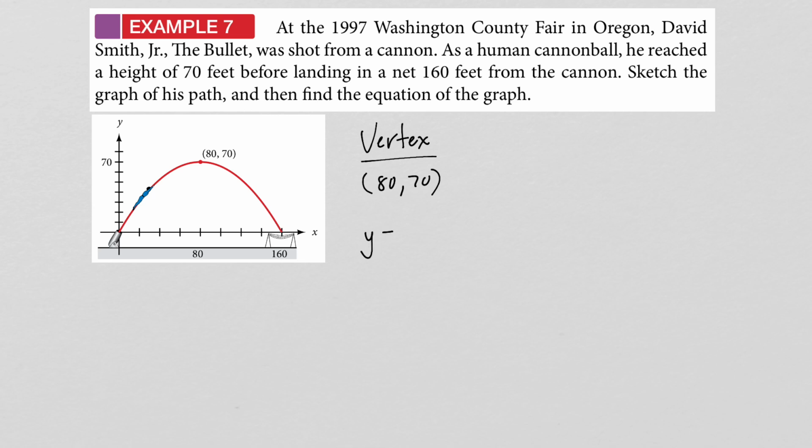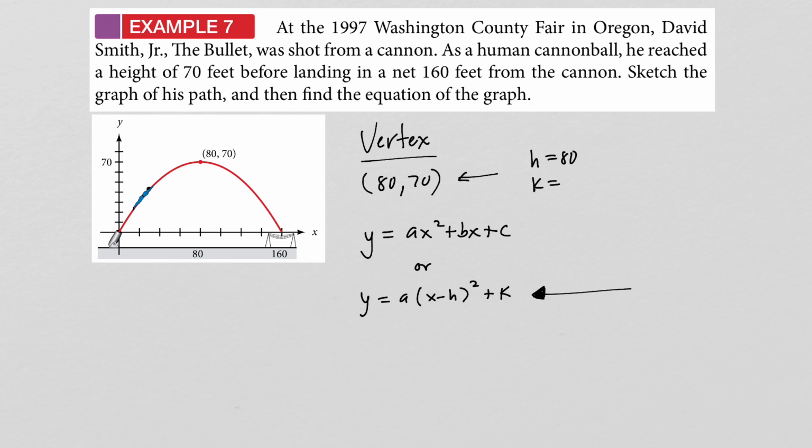So we know that y is equal to ax squared plus bx plus c, or y is equal to a times (x minus h) squared plus k. And for this problem, we're going to use the alternative form here for the equation of the parabola. Because we know that if the vertex is at (80, 70), this is where h equals 80 and k equals 70. So we can take these values and plug them in here.